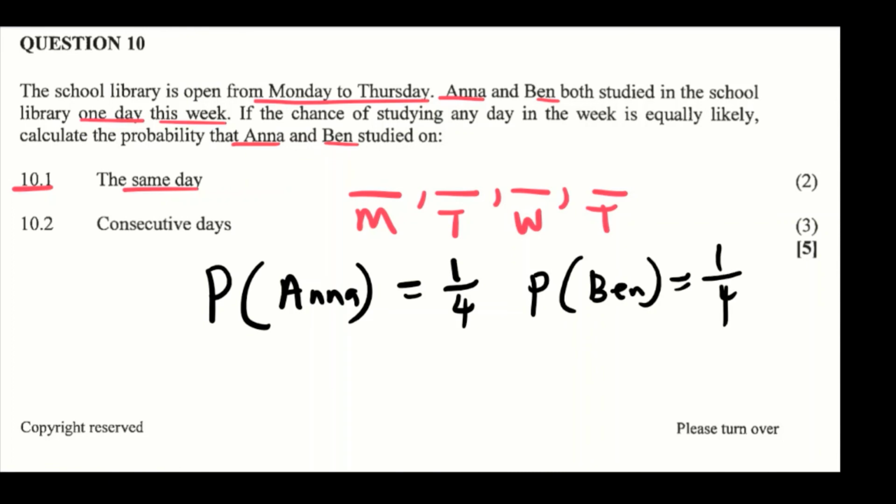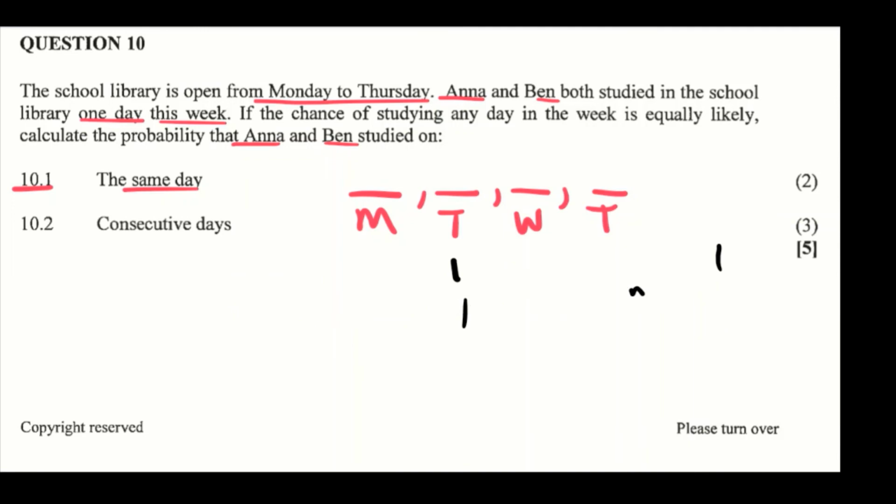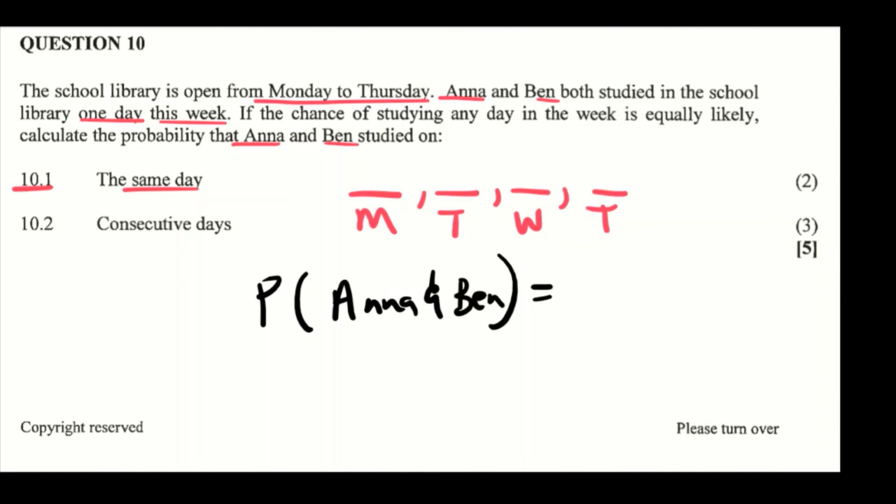But because we want to identify the probability that they both study on the same day, this is going to be the probability of Anna and Ben studying on the same day. So both of them studying on the same day is going to be equal to 4 multiplied by 2 over 4.